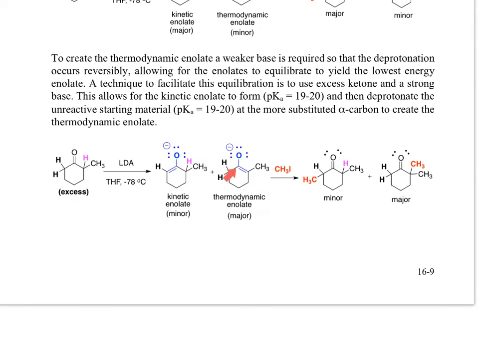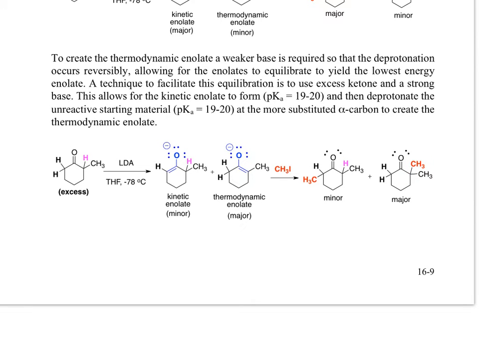These two have pKa's of 19 to 20. And so, much weaker bases, they have equal pKa's, and at that point in time, these two enolates can slowly equilibrate back and forth until you get a majority of the thermodynamic enolate in solution, and therefore when you let that occur, your major product then will be dialkylation at the same alpha carbon.